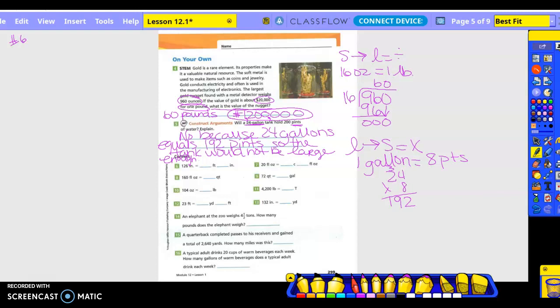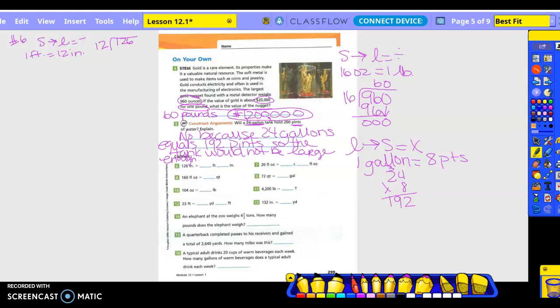I want to go from inches to feet. Am I going larger to smaller or smaller to larger? Smaller to larger. So I'm going to divide. 1 foot equals how many inches? 12 inches. So 126 divided by 12.